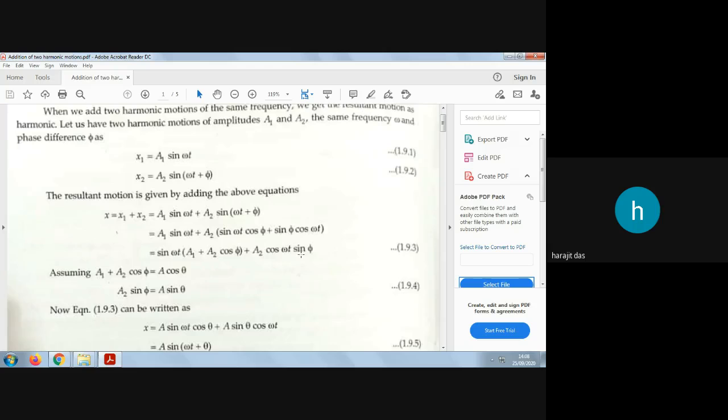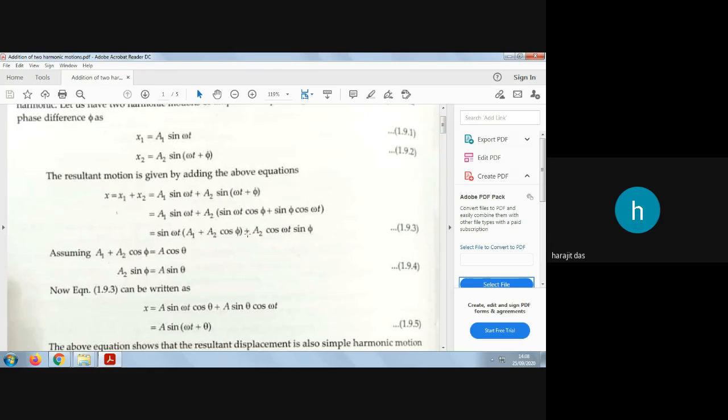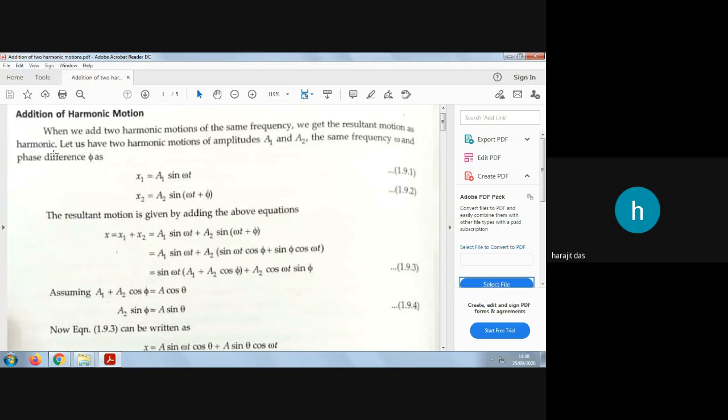So now what we will do, this term a1 plus a2 cos phi, we will assume it to be A cos theta. So what is A? A is actually the resultant amplitude. When you add up these two sine functions, you get one resultant sine function. As you know by definition, the resultant function will be a harmonic function.